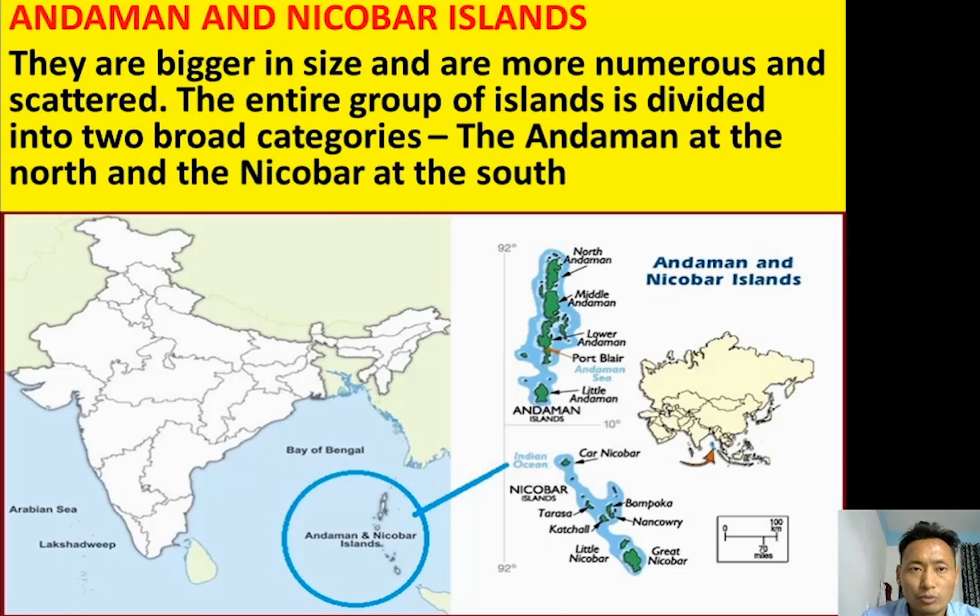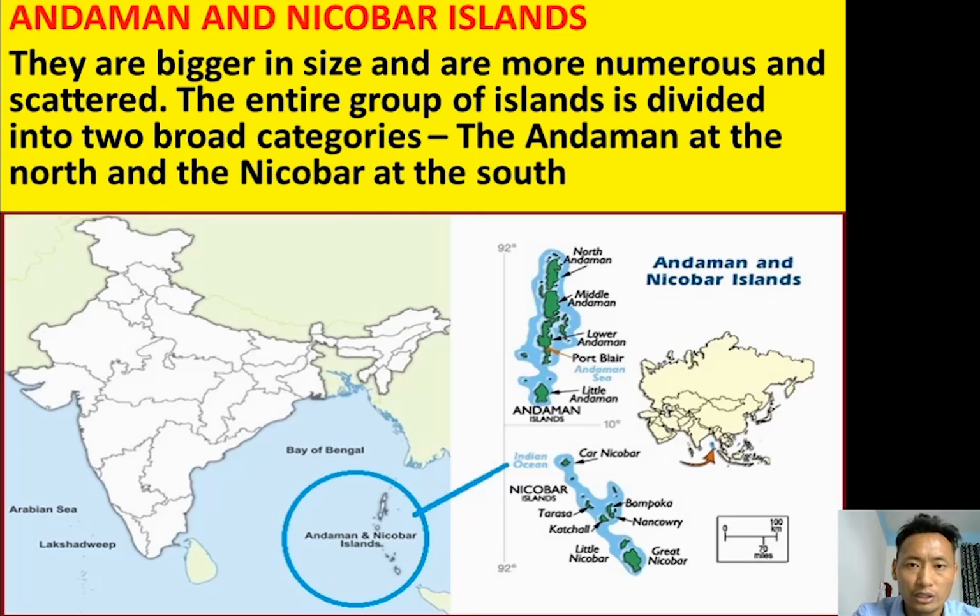The second island group of India is called the Andaman and Nicobar Island group. As compared to Lakshadweep Islands, the Andaman and Nicobar Islands are much bigger in size and more numerous. If we talk about the number of islands, in Andaman and Nicobar we have more than 570 small islands, but in Lakshadweep we have more than 35 islands only.